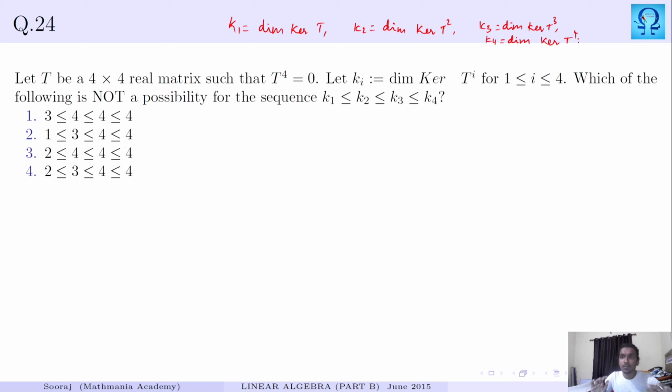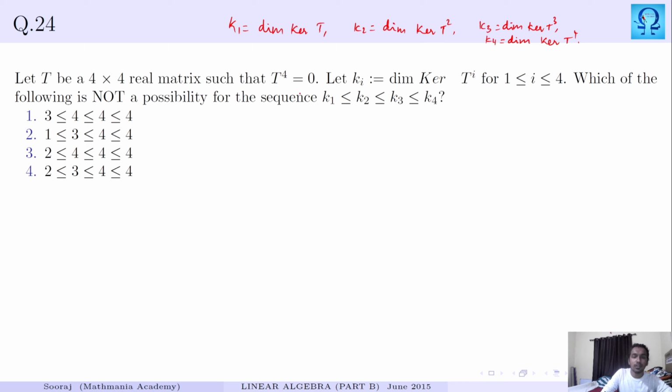So we'll have to identify which of the following is not a possibility for this sequence. So basically we'll have to find the values of K1, K2, K3, K4 and check which of the following is not possible. This is what we'll have to do in this problem.